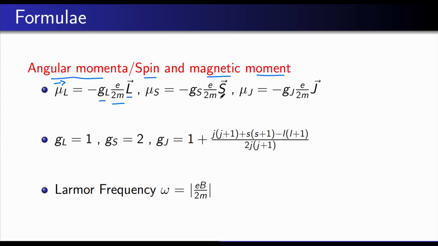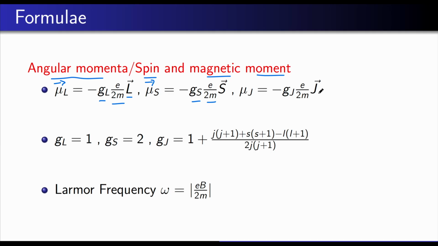Similarly, if the spin is given by S, then the spin magnetic moment is minus g_S e by twice m times S vector.